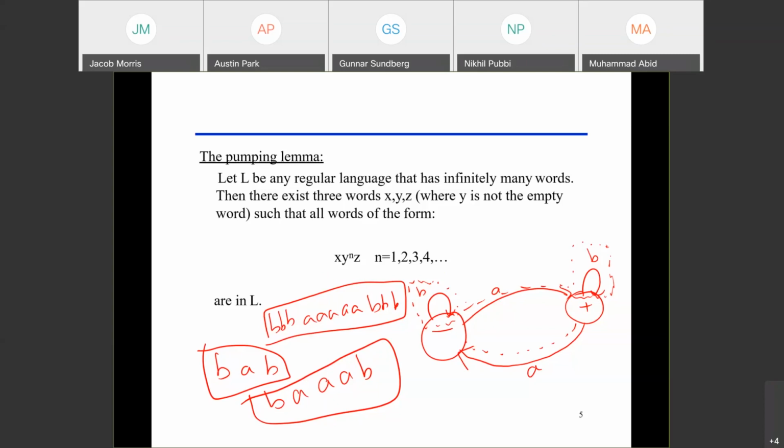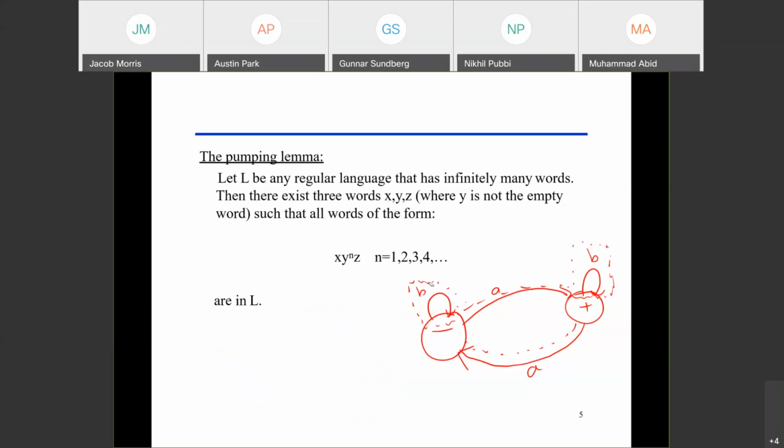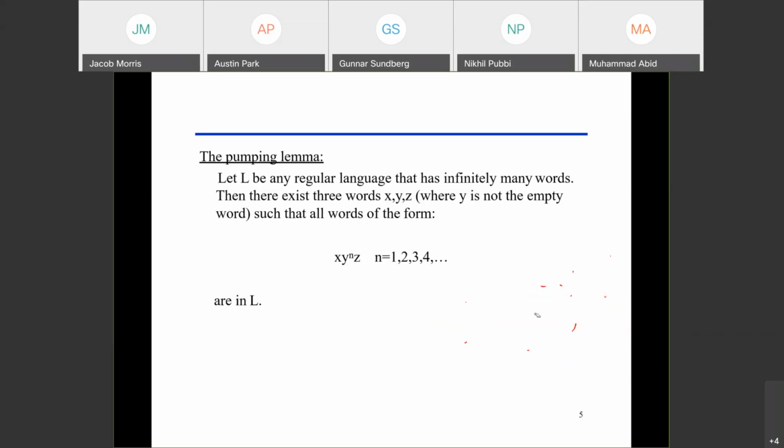Let L be any regular language. Okay? So let's say we have a regular language, which is L, and this is infinite, it can have infinite words.